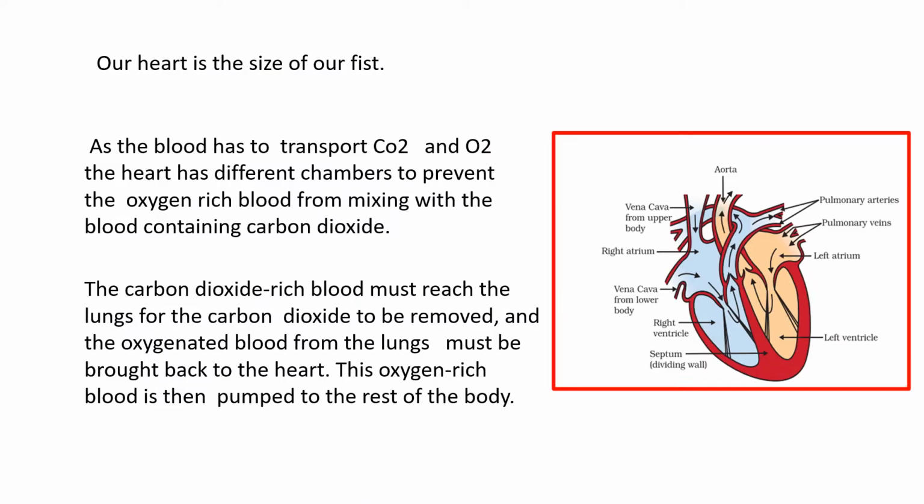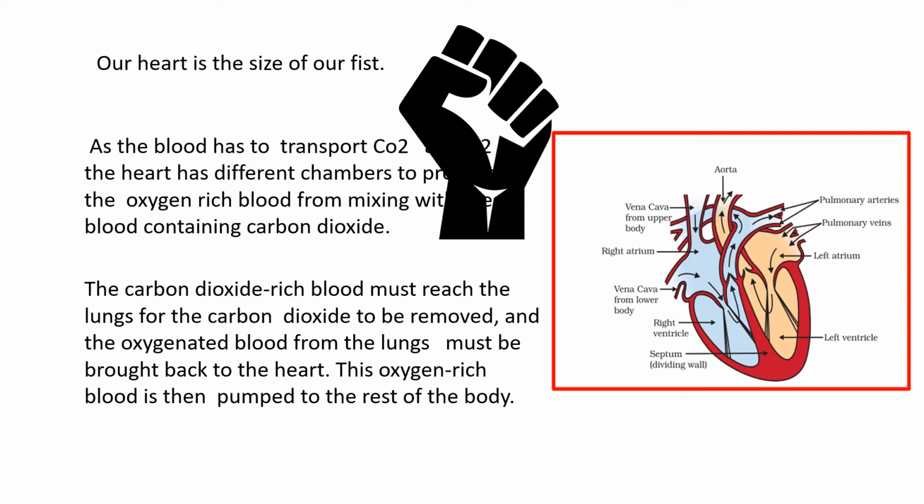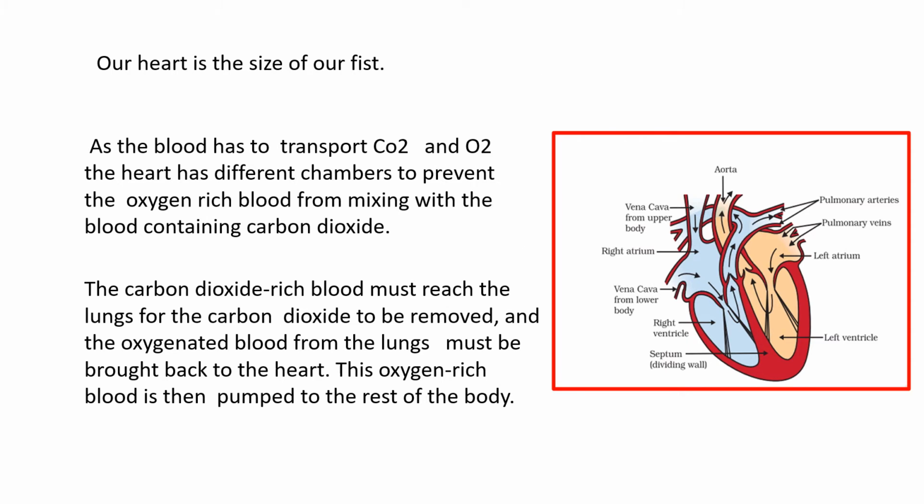Our heart is the size of our fist. As the blood has to transport carbon dioxide and oxygen, the heart has different chambers to prevent mixing of oxygenated and deoxygenated blood. Deoxygenated blood means it contains carbon dioxide, and oxygen is absent.